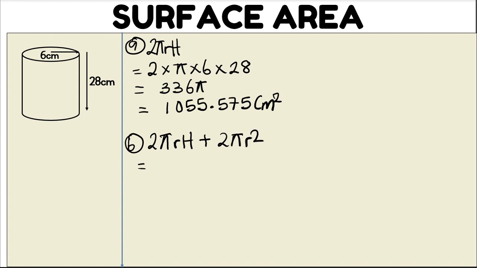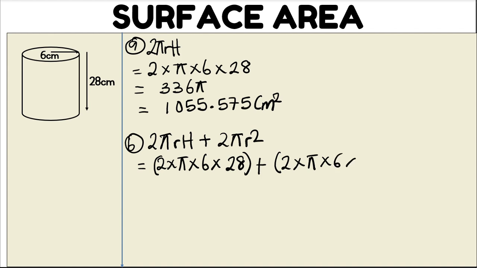So that will be equal to 2 times pi times 6 times 28, I'll have to put this in a bracket, then plus 2 times pi times r square, and r square means r times r, that is 6 times 6. And this will leave us with 336 pi plus 72 pi.